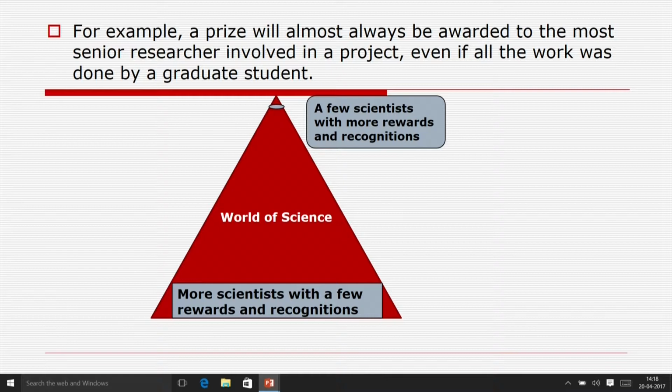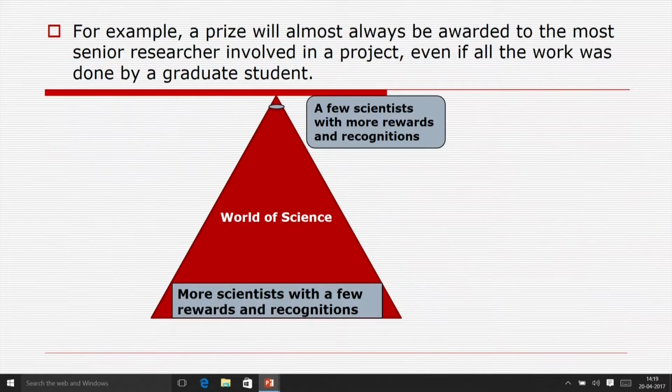The world of science has been structured in such a way that at the top there will be very few scientists with more rewards and recognitions, even if all the work has been done by lesser known scientists or graduate students. Such an unequal structure, as you see on the slide, is what the world of science has created.